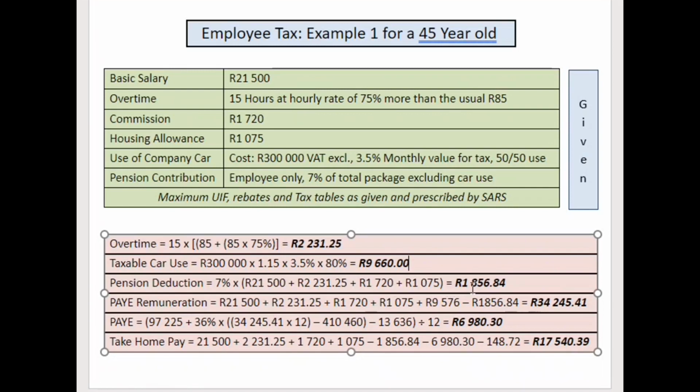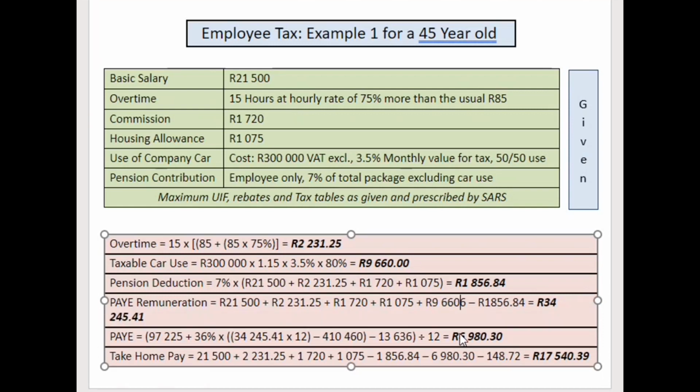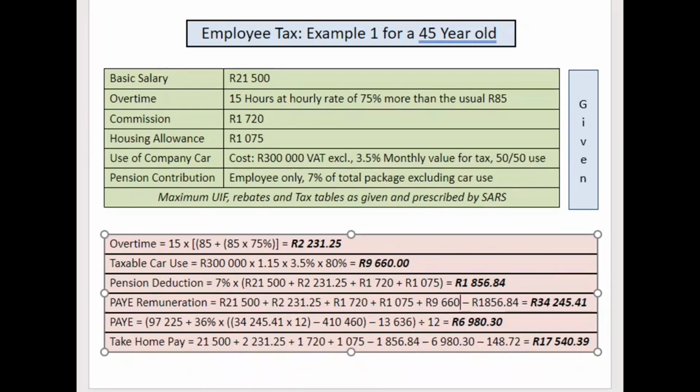So our pension contribution was 1856, but only the employee, so it will only be that amount. So the only thing that we have to change here is that we needed to add the 9,660 and not the other. Now the amounts are going to change slightly again. I should actually have kept the old amount, it would have helped. But let's quickly do it.